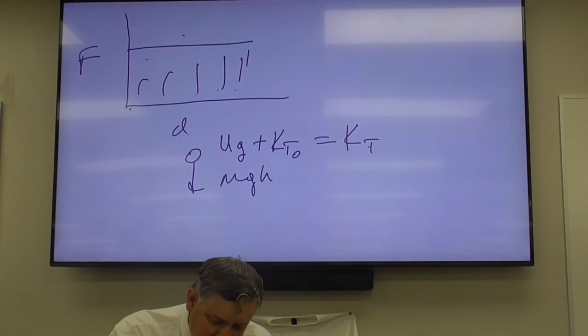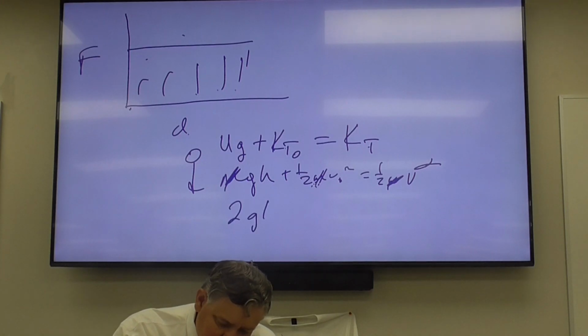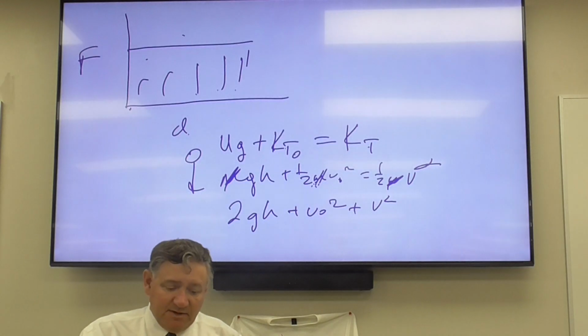If you go, mgh plus 1/2 mv naught squared equals 1/2 mv squared, then your masses all cancel out, and then you multiply by 2, and you get that equation. So that equation just comes from the idea of energy.